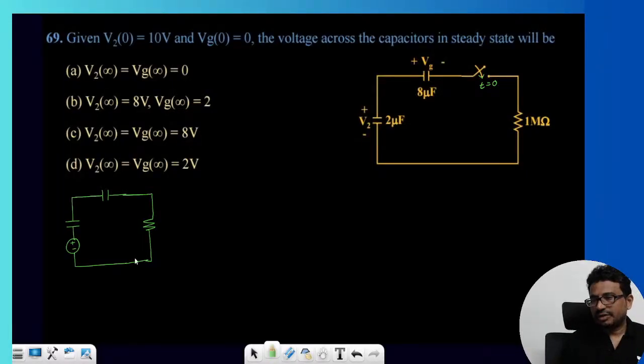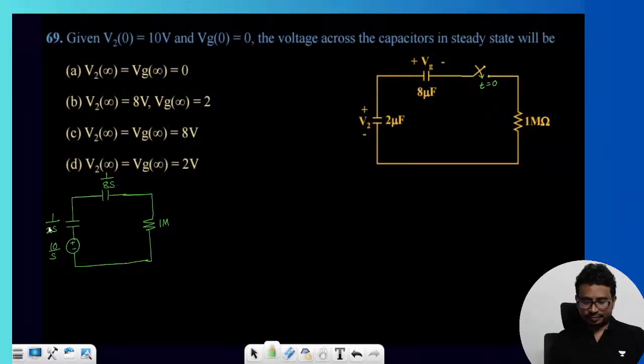The resistance is given as 1 mega, so this is 1 mega, and this capacitance converting, let us say 1 by 8, this is micro. The initial value given is 10, so this is 10 by S, and this is 1 by 2S.